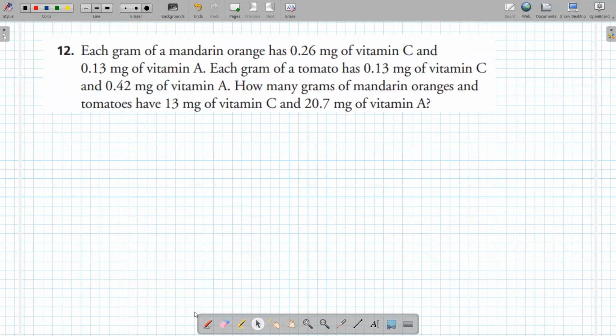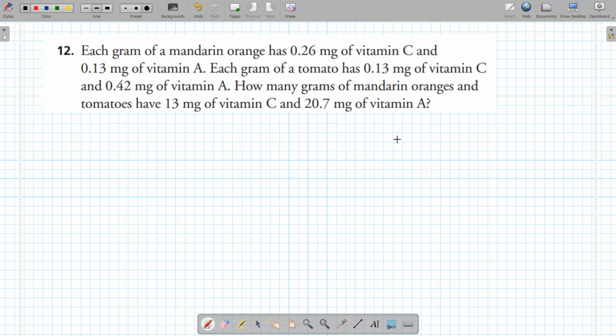So there are two fruits here, a mandarin and a tomato, and they've given us their vitamin C content and vitamin A content. They're asking us for how many grams of oranges and tomatoes.